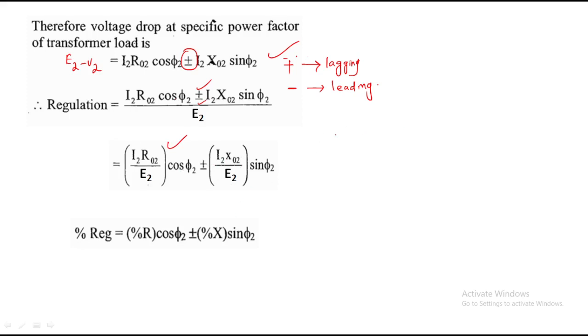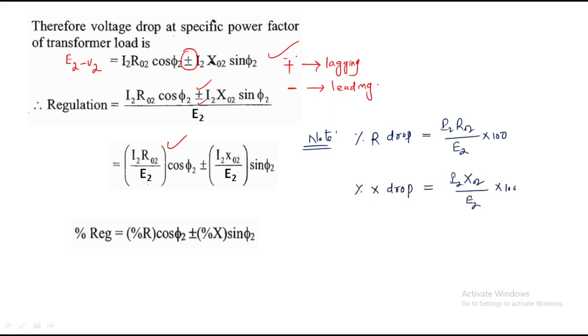So we have to write one important note. Percentage resistance drop is equal to I2 R02 by E2 into 100. Percentage reactance drop is equal to I2 X02 by E2 into 100.